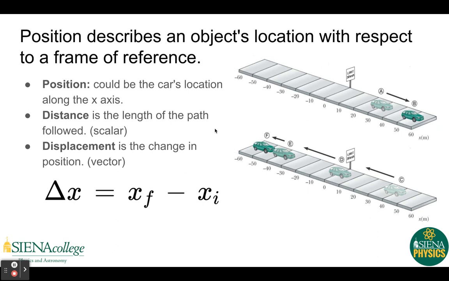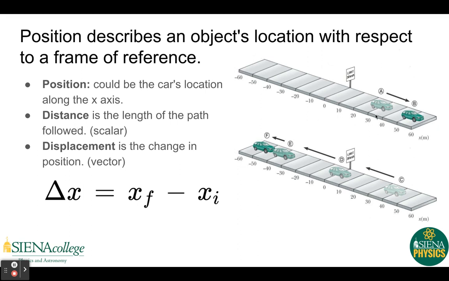Okay, so that's position, and then displacement is basically the change in position, right? So if we ended up in some final position and we subtract what our initial position is, that's our displacement. It's different from distance, right?